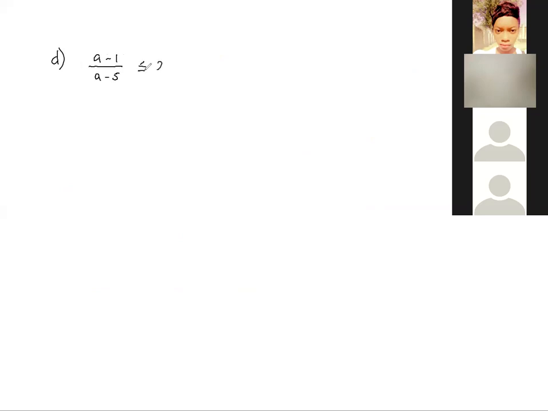Less or equal to 2. Now when you have this, we have a constant on the other side, and on the other side, we have a fraction involving variables both in the numerator and in the denominator. That means that you cannot cross multiply a variable. We can't do that.